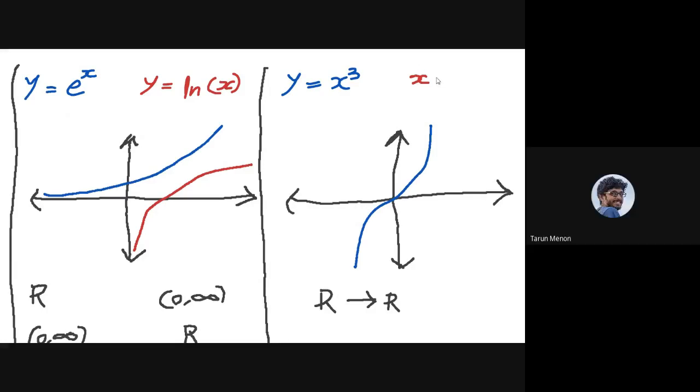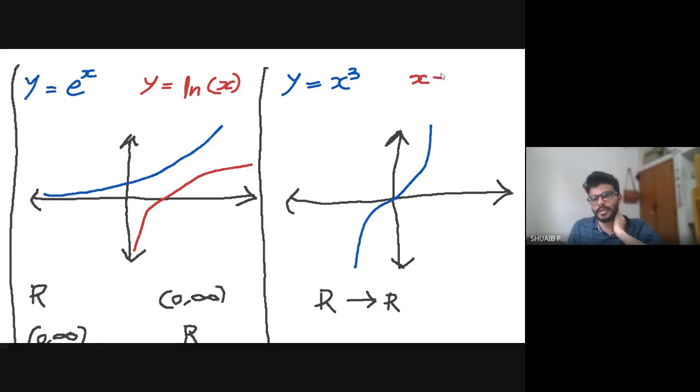Basically, all real numbers are both the domain and the range, right? So for any x value belonging to R, a real number, you can get a corresponding x cube, and you can map it into the corresponding y.